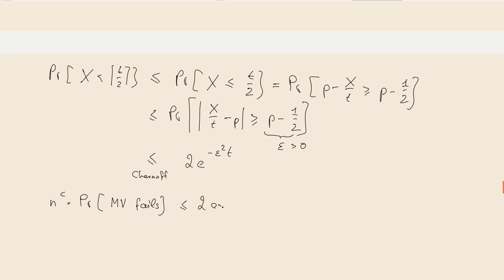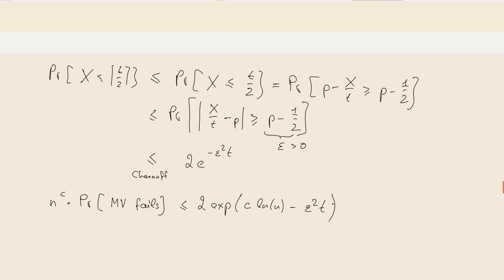So if I put this into the x, then I have c ln n. If you pull it out again, you get this, and minus epsilon squared t.